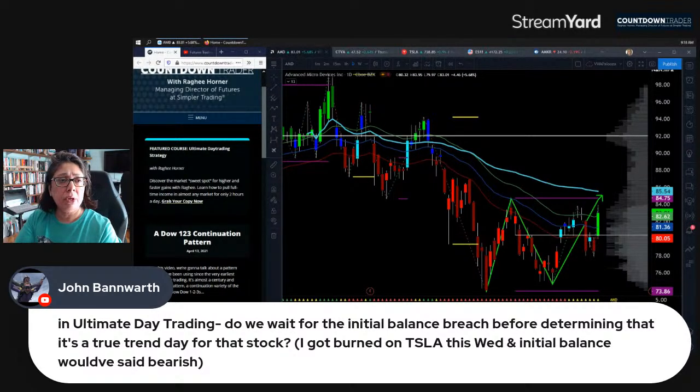So do we wait for the initial balance? If there is a higher probability, we never talk certainties, right? If there's a higher probability of the market grinding, it's going to be when the market breaks the clearing, breaches the initial balance, and stays above the VWAP. And the VWAP can be a really good level to focus on.